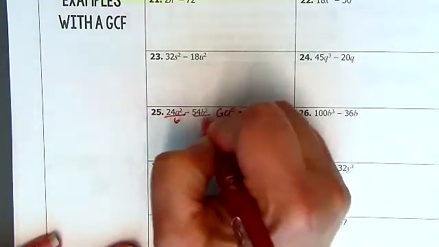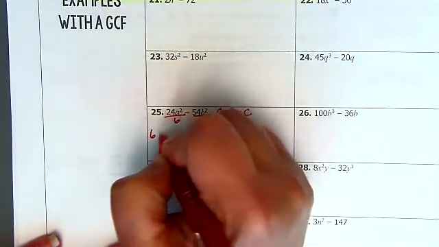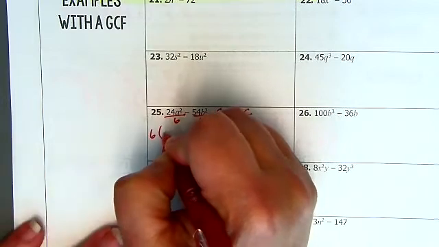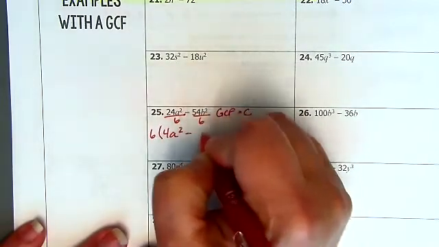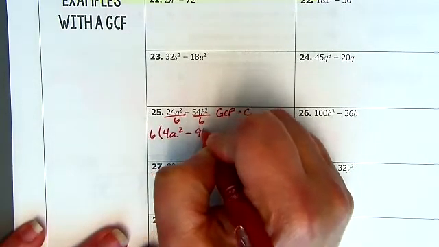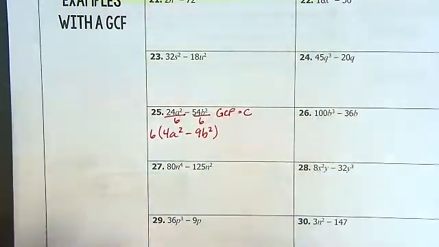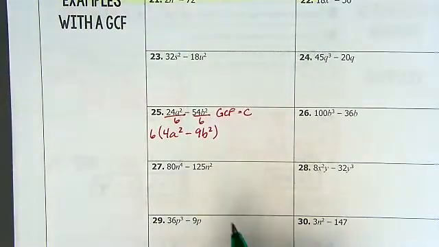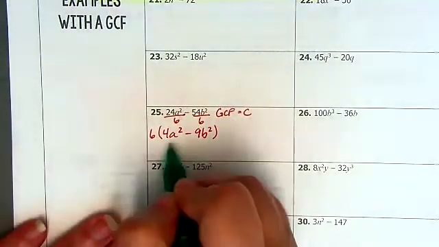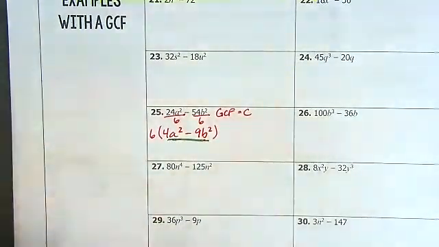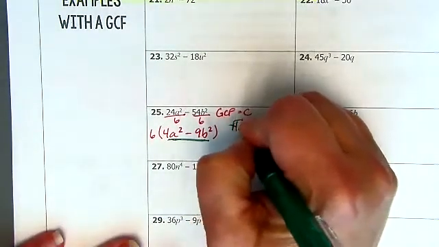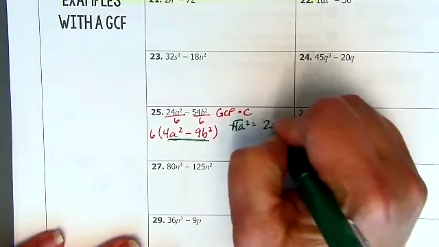So I'm going to take my 6 out. I'm going to divide each by 6 and I end up with 6 open bracket, 4a squared minus 9b squared. And now I can look to see, is what I'm left with here a difference of squares? So that's where I've got to check my square roots. I have 4a squared, that can become 2a.